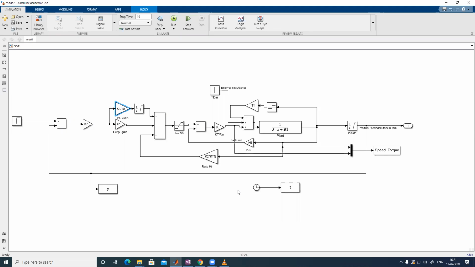If your purpose is changing, you will go for some PD controller or PID controller. Sometimes you cannot add I because the system transfer function will go into some unstable condition if you already have an integrator. At that time you will not add I; you will use a PD controller only.